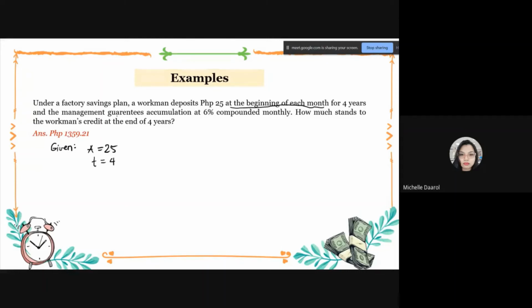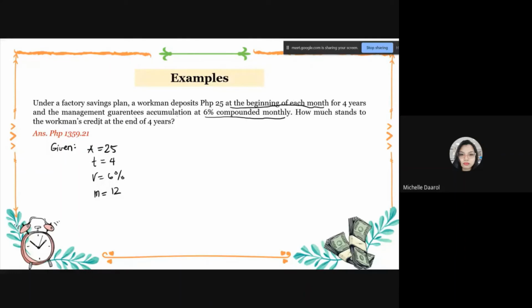The management guarantees accumulation, so all the 25 pesos combine at 6% compounded monthly. The rate is 6%, the compounding period is monthly. How much stands to the workman's credit?